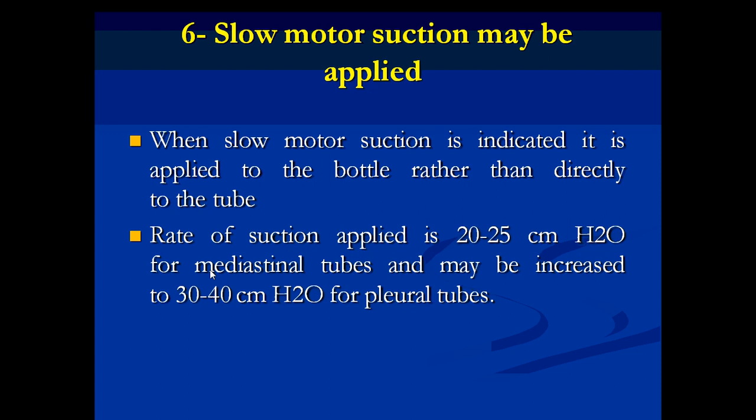The rate of suction applied is 20 to 25 centimeters of water for the mediastinal tubes, and may be increased to 30 to 40 centimeters of water for the pleural tubes, because the pleural space contains more negative pressure than the mediastinal space, so we need more suction to allow more drainage of air and fluid from the pleural space.